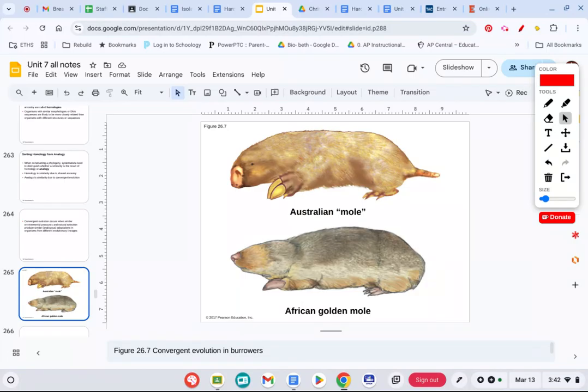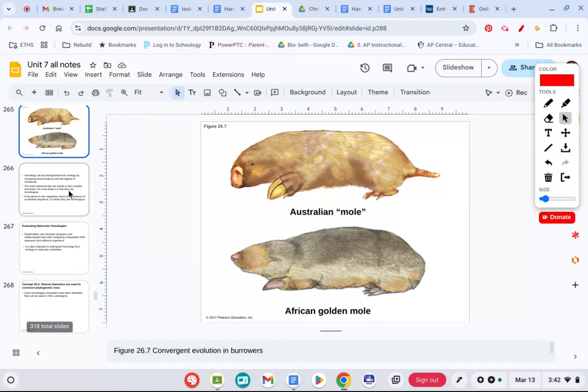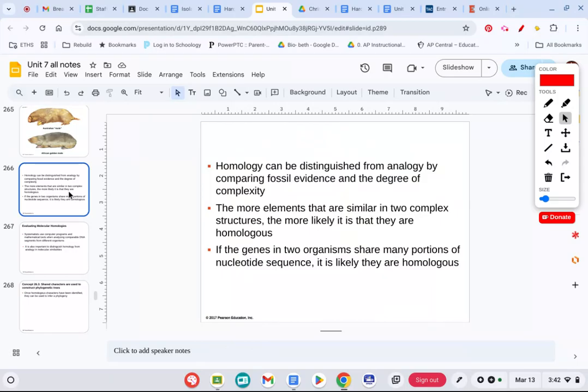So very different species in terms of geographic location. And as it turns out, when you look at their DNA, they're not very closely related. So that's an example of analogous structures: their environment means they tend to turn out the same, even though they're in very different locations in the world.